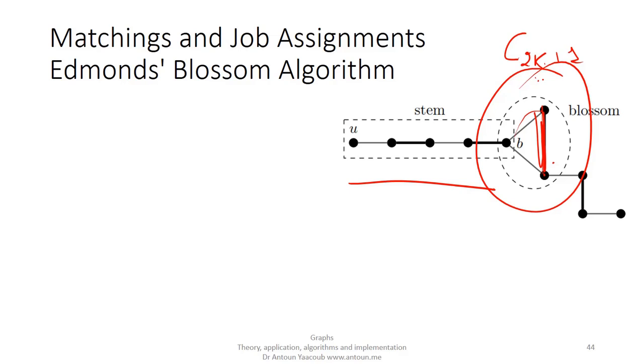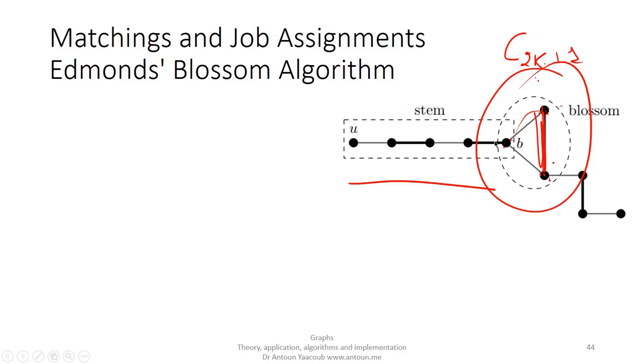So again, every vertex of the blossom, as you can see, is matched to some other vertex. So every vertex of the blossom must be matched by M, since traveling some direction along the cycle will end with an edge from M. Also, the only edge that comes off the blossom and is from M must be from the stem.